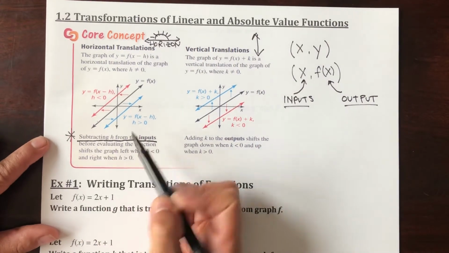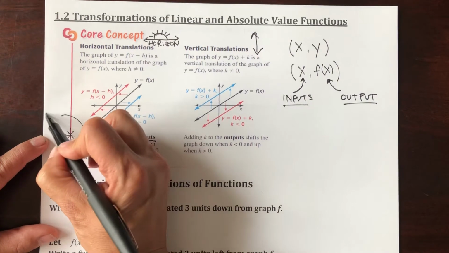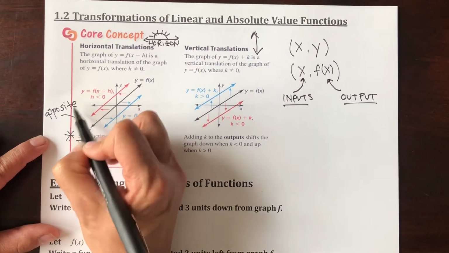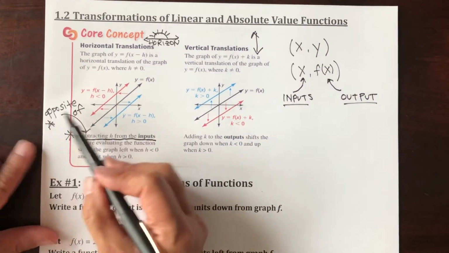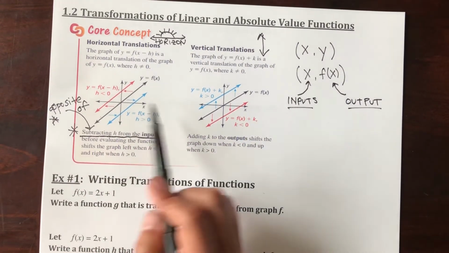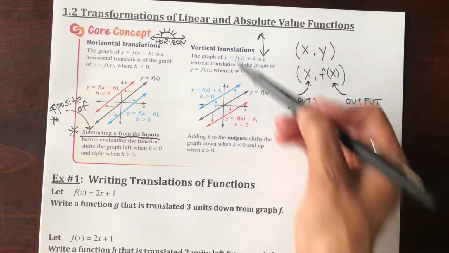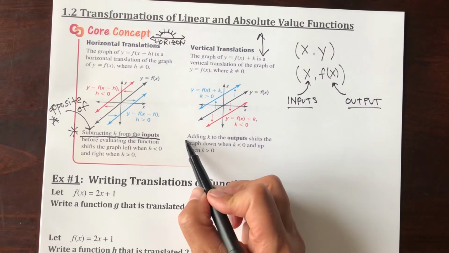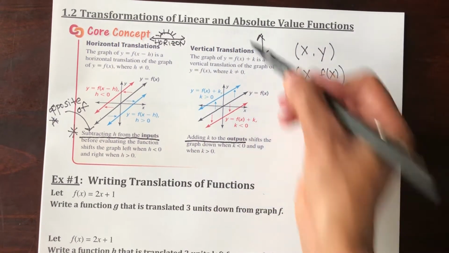Also note that subtracting also means opposite of. So this one's a little special. We'll be doing the opposite to the inputs, and that's what moves it left and right. So it goes the opposite of what you would think. When we move it up and down, we're changing the y values, so we're simply adding something to the outputs, and that's going to shift it up and down.